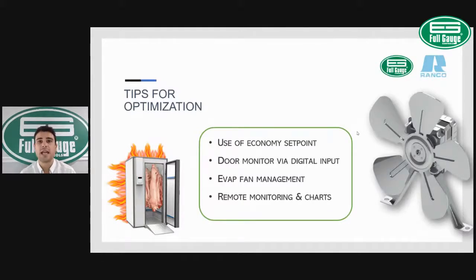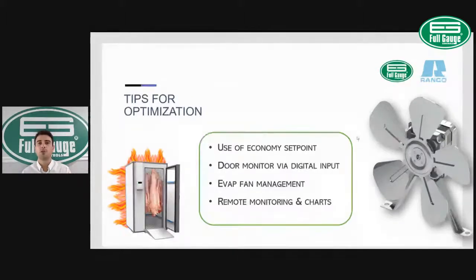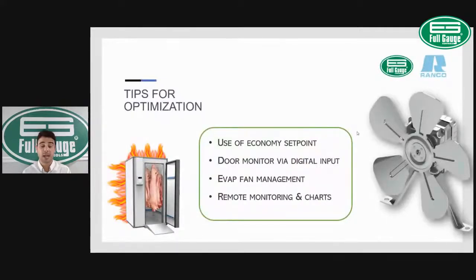With that fan relay output, you can actually cycle the fan while your compressor is on and off, using that thermal mass in the coil and transferring that energy to the room, as well as providing a uniform temperature within the refrigerated space. So by cycling the fan on and off during the compressor off cycle, you're using the energy that is left on your evaporator coil during the off cycles and transferring it to the room.